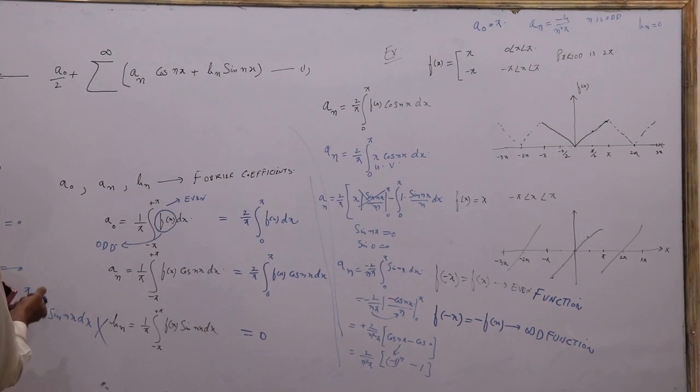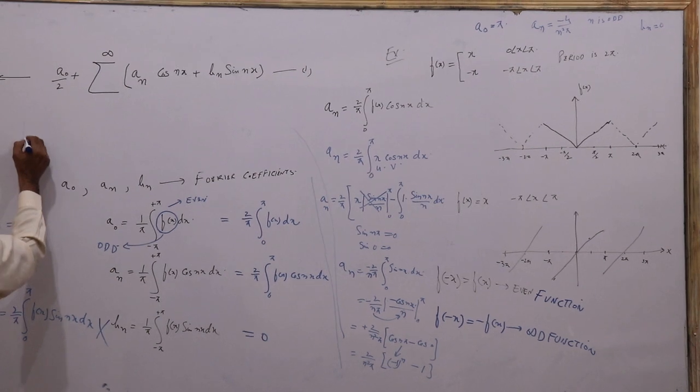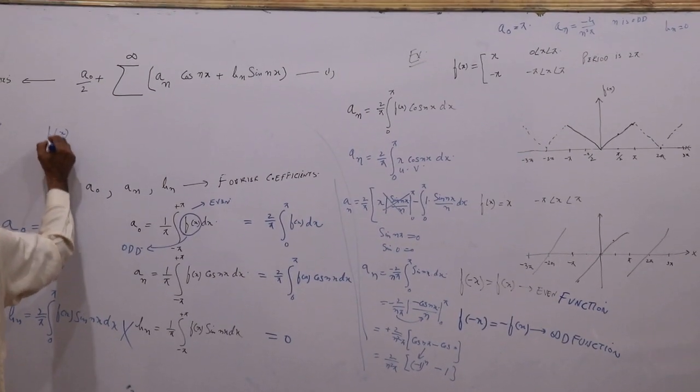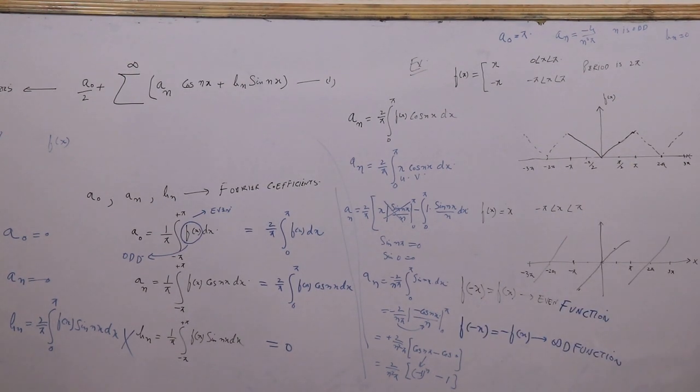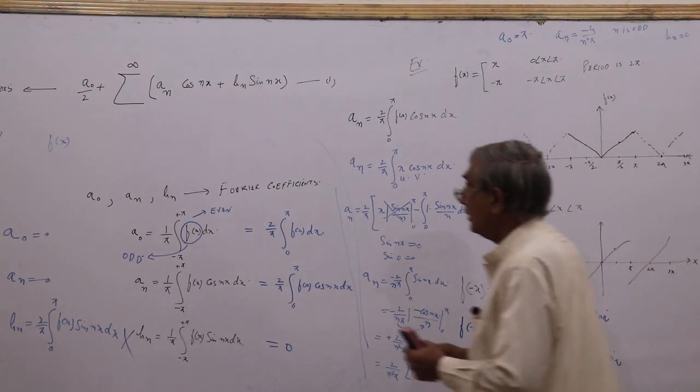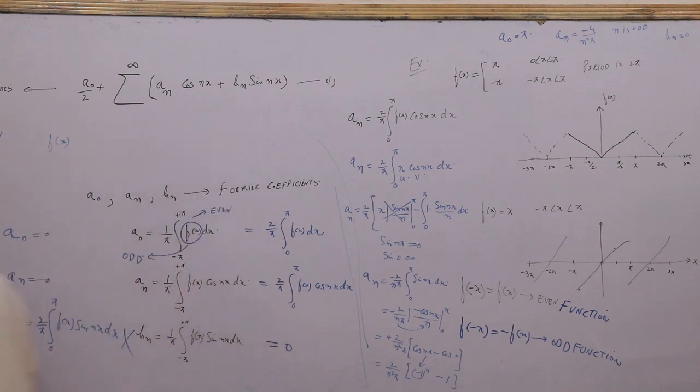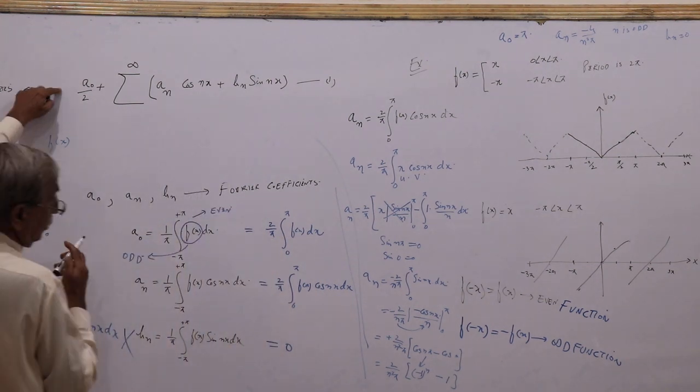So your function fx is equal to a naught over 2.